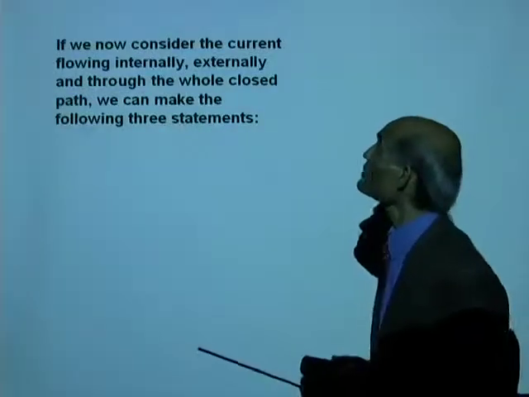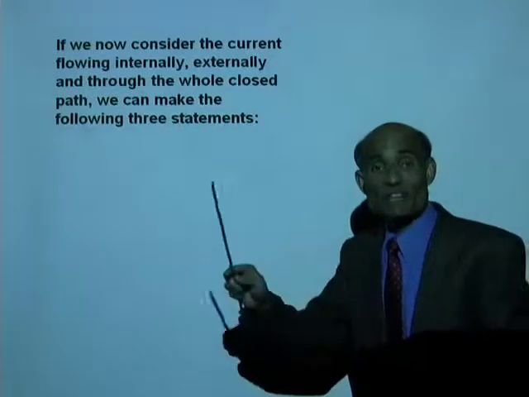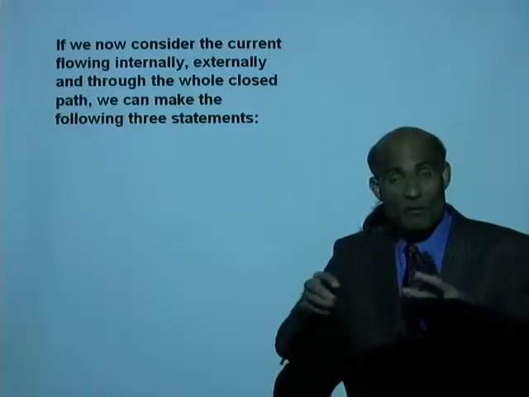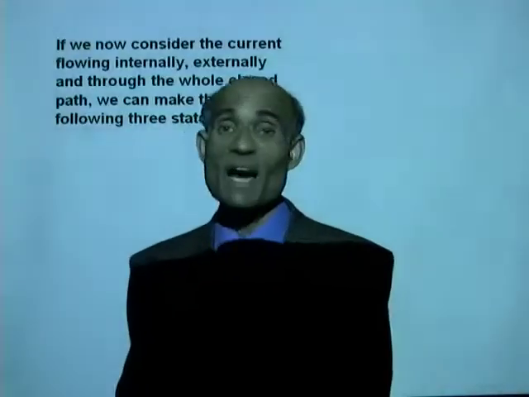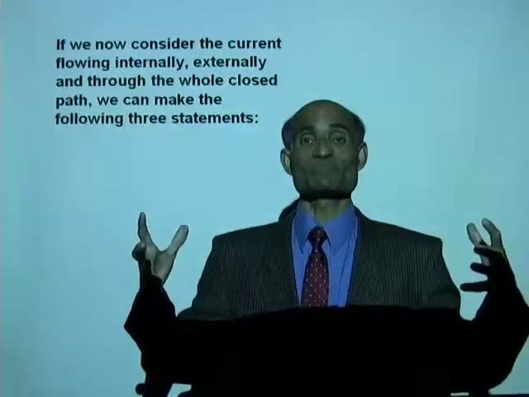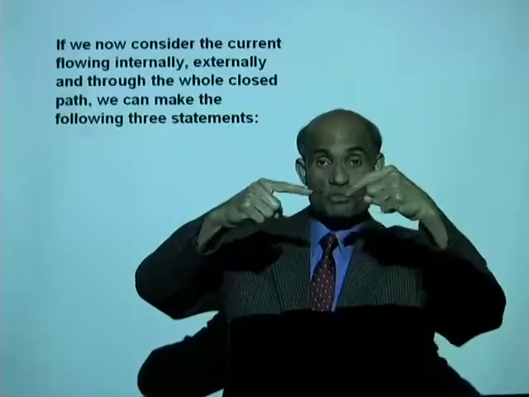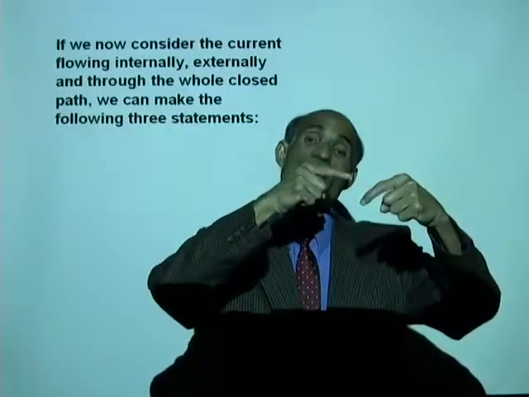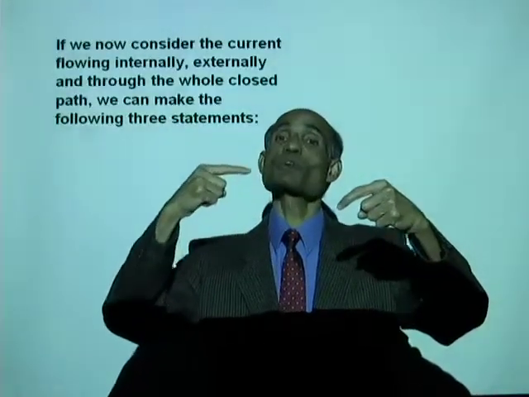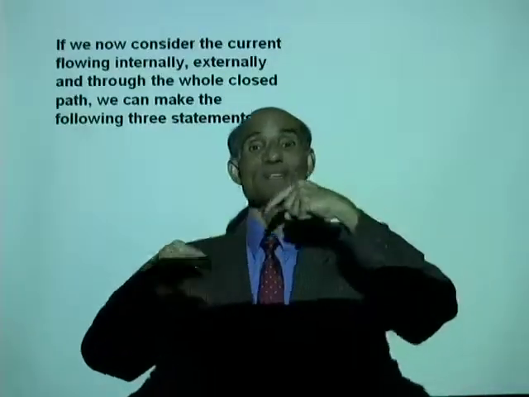If we now consider the current flowing internally, externally through the conductor and the whole path, we can now consider three different circuits. The internal circuit, the current flowing through the cell. External circuit, the current flowing through the external resistor, and then the whole circuit.